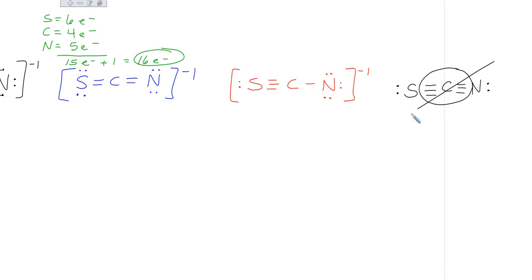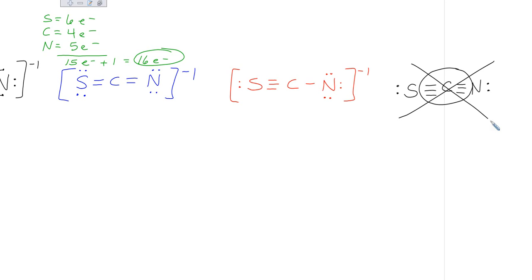This would not be acceptable. So again, they're going to say something like, draw an acceptable Lewis structure. Yes, I used the right amount of electrons, but no, it's not acceptable because you overloaded the carbon. Sulfur could take an extended octet, but in this case, sulfur really is not the central atom. Don't go too crazy. It really is carbon in the center.